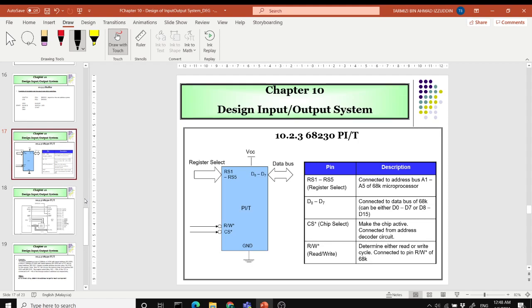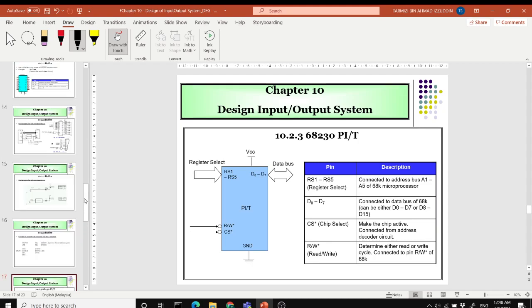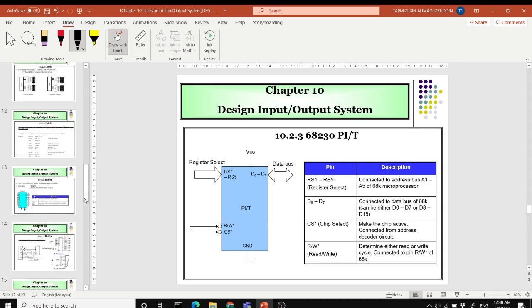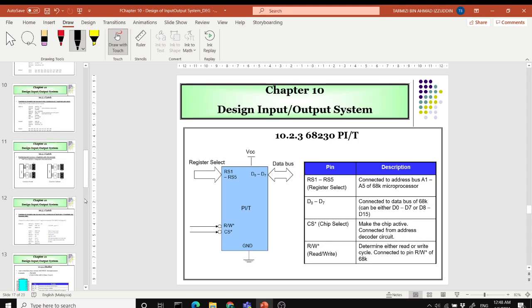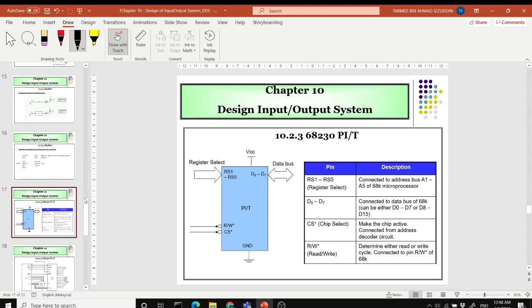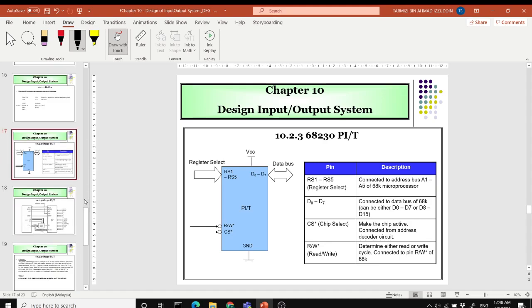Basically the way we are doing this step is fairly simple, similar to how you interface your 68K with your memory. So there's nothing complicated about it. Here is a simplified pin assignment diagram for your 68230.